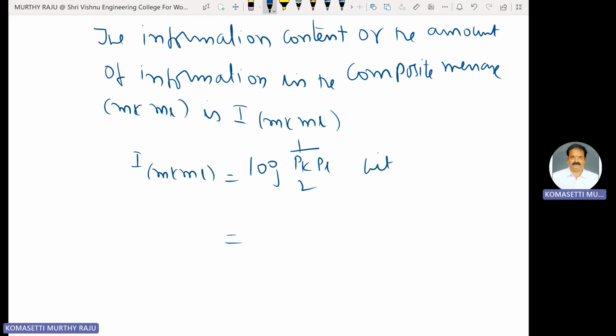Log AB is equal to log A plus log B. That is log 1 by P K base 2 plus log 1 by P L base 2.